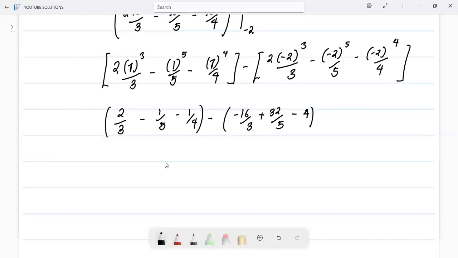Okay, so we can just get our calculator and punch that. So 2 over 3 minus 1 over 5 minus 1 over 4.